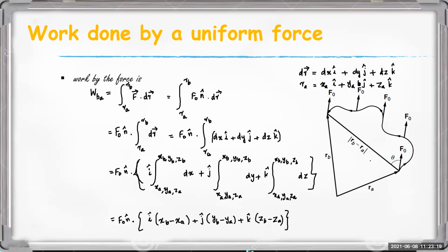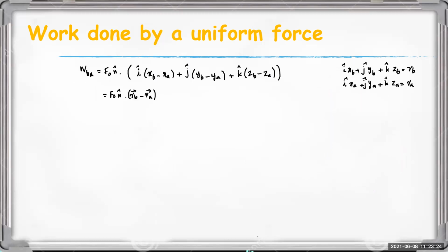Okay. Then we can write here the dot product can be written as F0 modulus RB minus RA modulus into cos of angle between them.